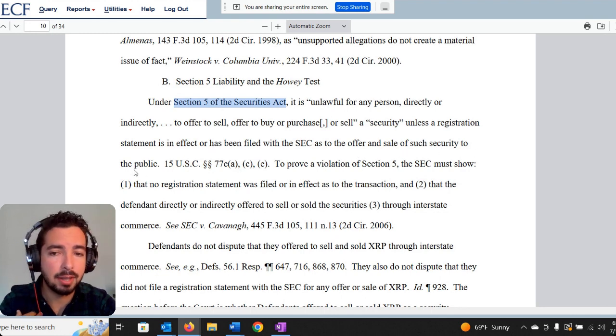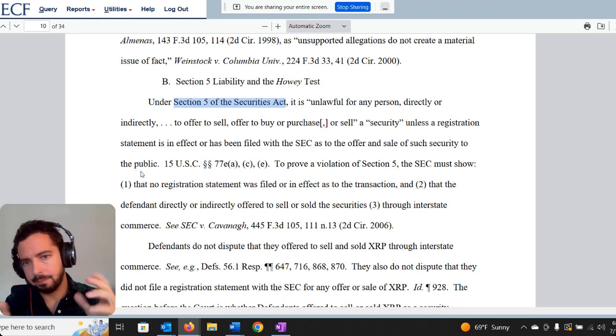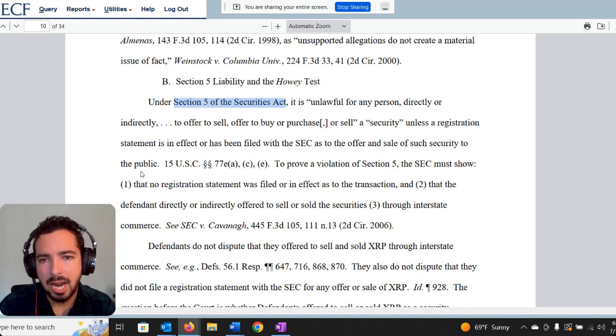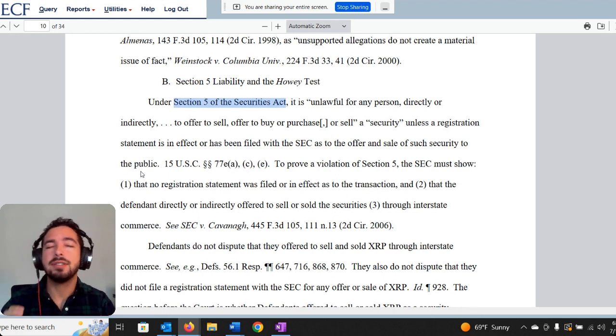So how I'm interpreting that, and just remember, I'm not a securities lawyer, but with my understanding of the law so far, what I understand it to mean is if you have this thing called a security, which we don't know yet exactly what that means, but let's just assume that we have this thing called a security. You can't offer to sell it. You can't offer to buy it.